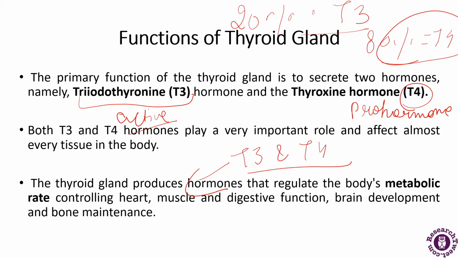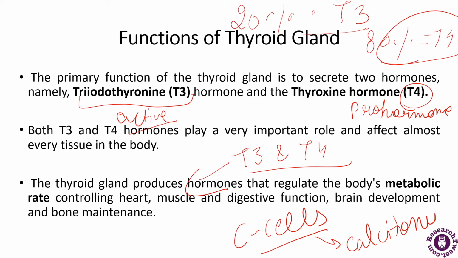In addition, there are other hormone-producing cells within the thyroid gland, called the C cells. These cells produce calcitonin, which plays a role in regulating calcium and phosphate levels in the blood, which is important for your bone health and maintenance.